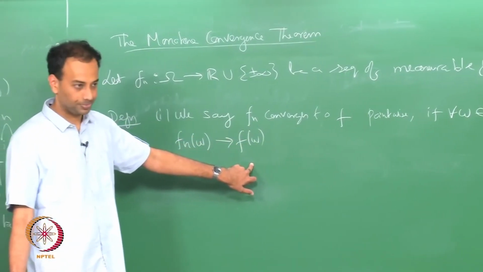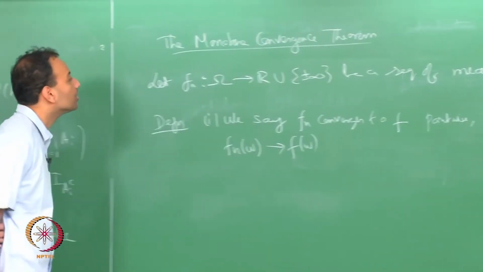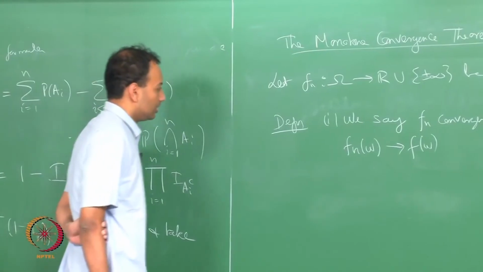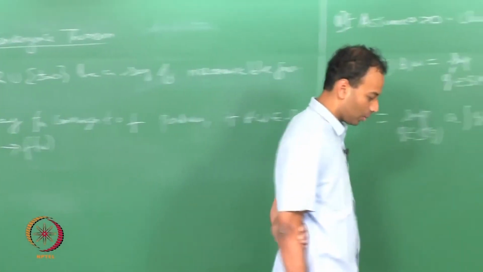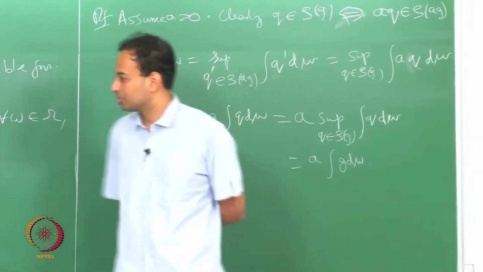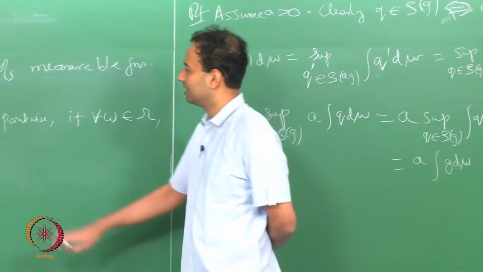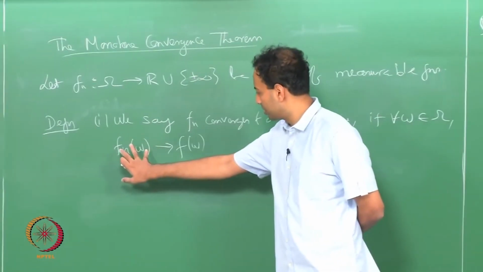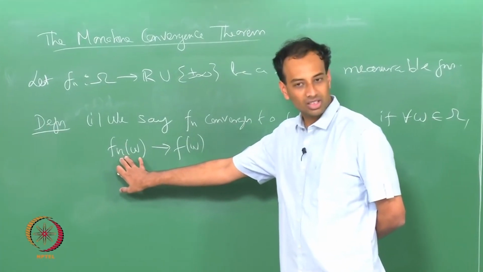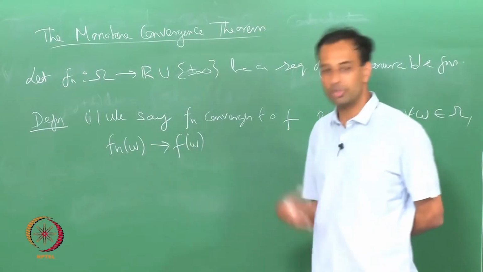Now, the one little thing that I have not really spoken about is that if you have a sequence of functions converging pointwise, the limit function is also a measurable function.